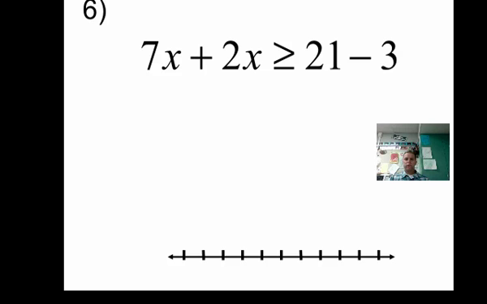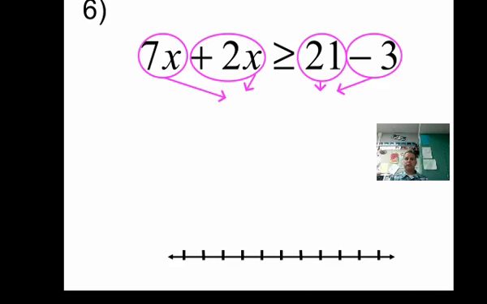Number 6, would you try to solve this problem? Go ahead and pause and come back. Okay. Any parentheses? Nope. Any like terms? Yes, we got lots of like terms here. So we got 9x is greater than or equal to 18. No, not doing step 3.